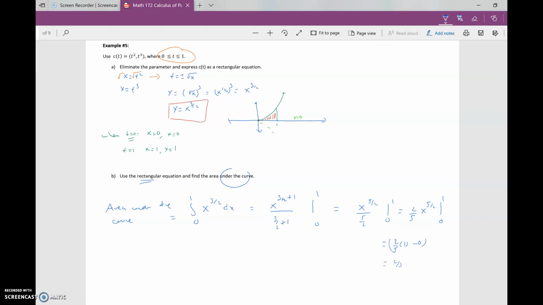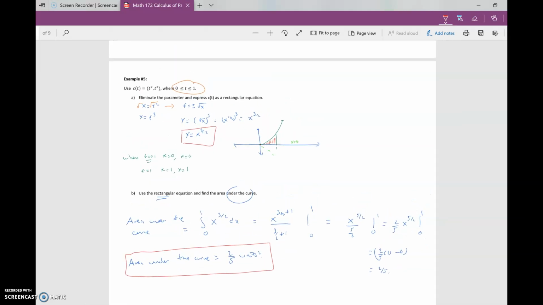We're looking at 2/5. So the area under the curve is equal to 2/5 units squared. And that's actually it for this one.